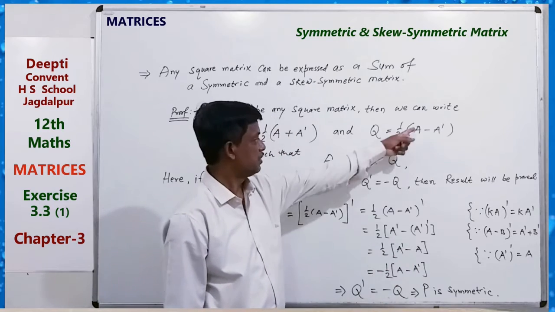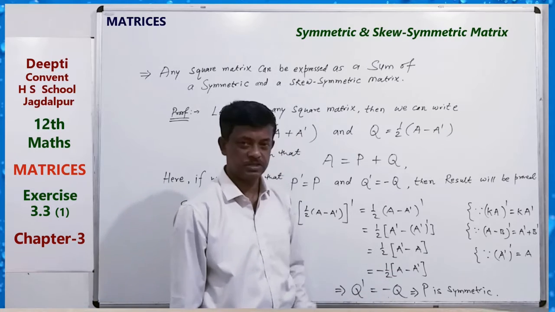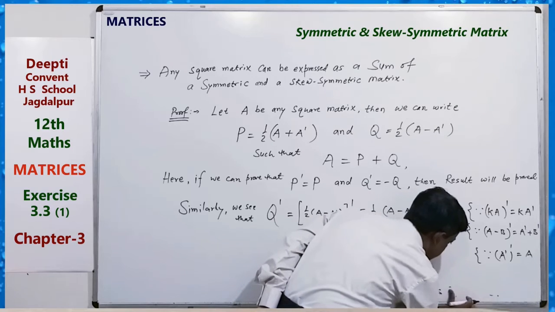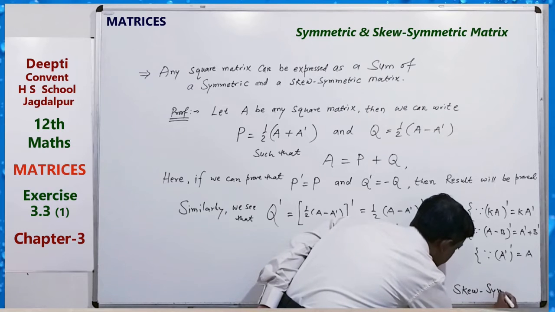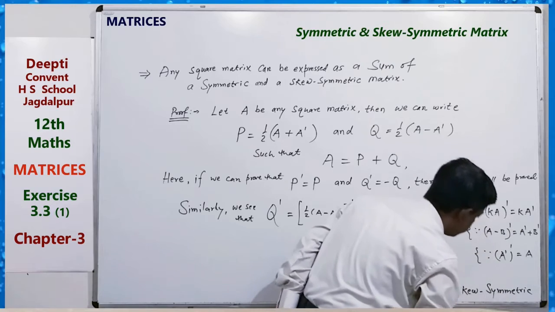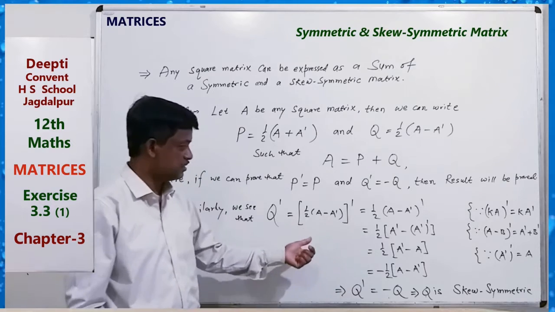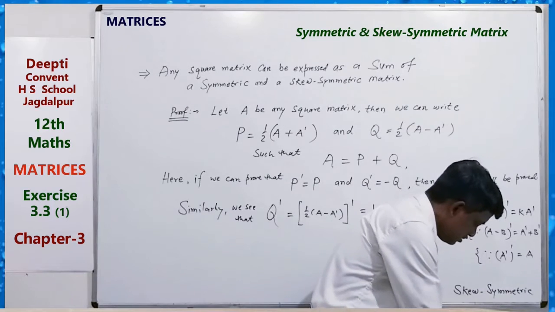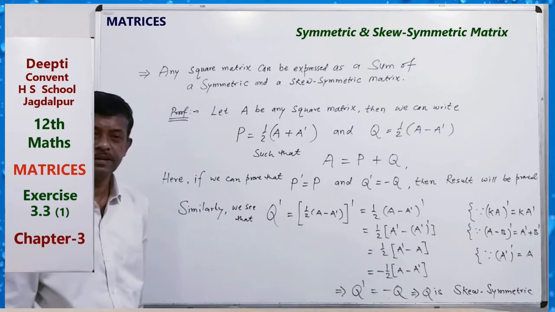Same, half of A minus A dash, this is Q, so minus Q. Q dash equals minus Q. So Q is skew symmetric. Okay, Q is skew symmetric. Just a similar process for this also. Clear?